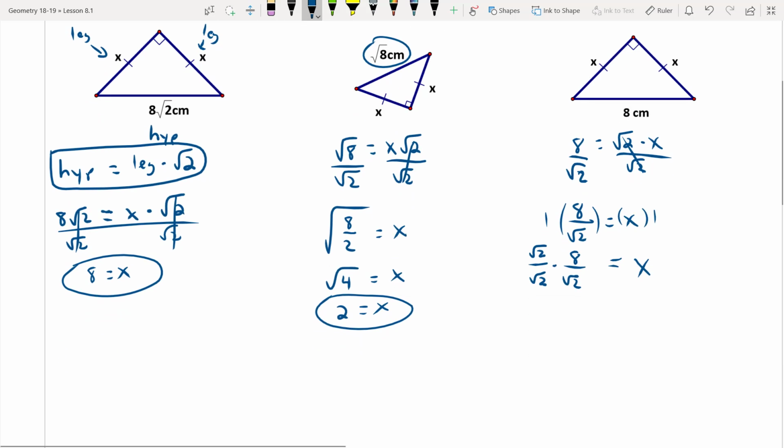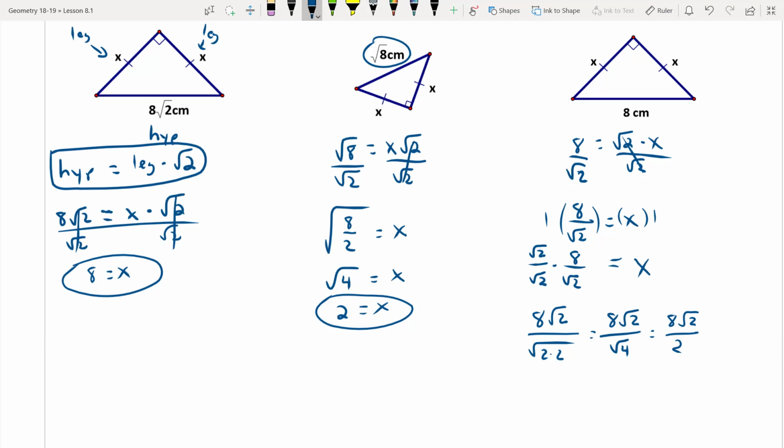And what that does for me, if I multiply these fractions, is I have 8 radical 2 over radical 2 times 2, which is going to give me 8 radical 2 over radical 4. And we saw over here that radical 4 is just 2. So I've got 8 radical 2 over 2. This is called rationalizing the denominator. Okay, so this process is something you can always use in this scenario, and you're going to have to use it in this scenario.